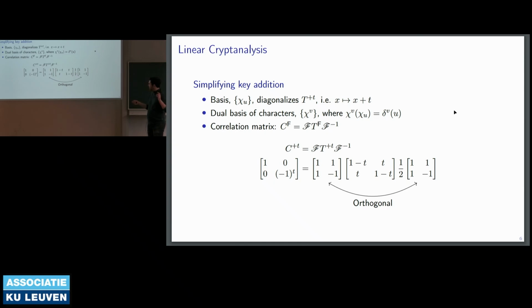And as you can see here, indeed, we do diagonalize the addition. Another interesting tidbit is that this basis is orthogonal, or almost orthogonal up to a factor 2, because the translations form a group. Later on, we will see that this is not the case, and this will slightly complicate our analysis.